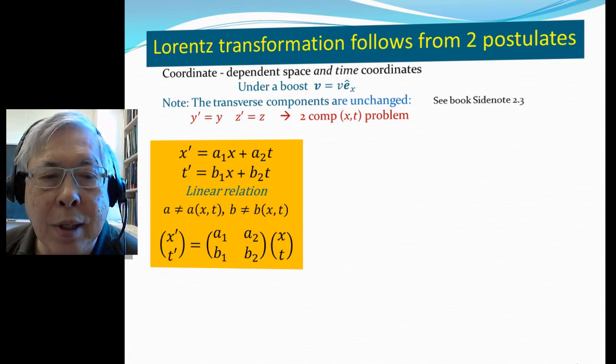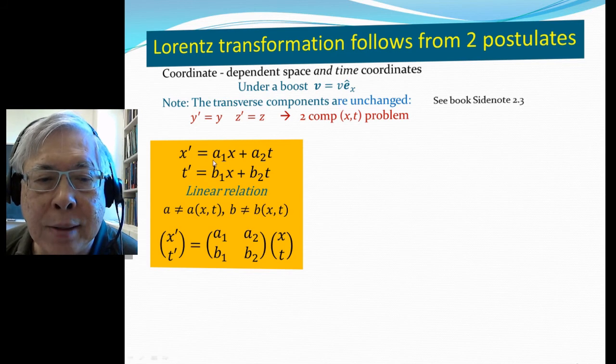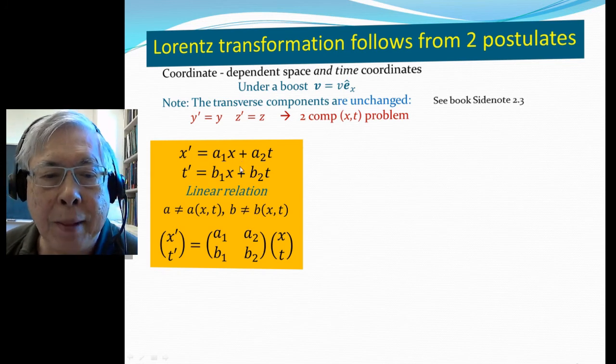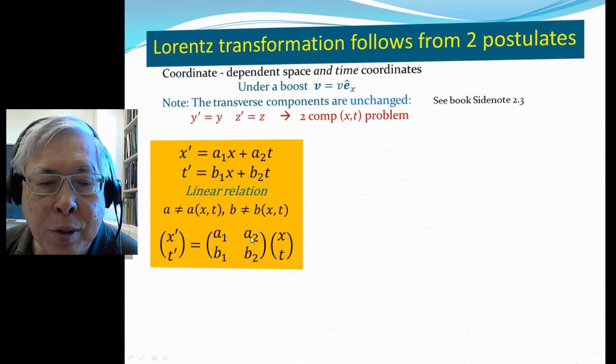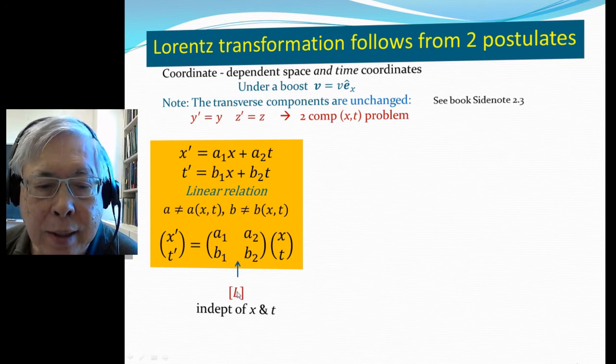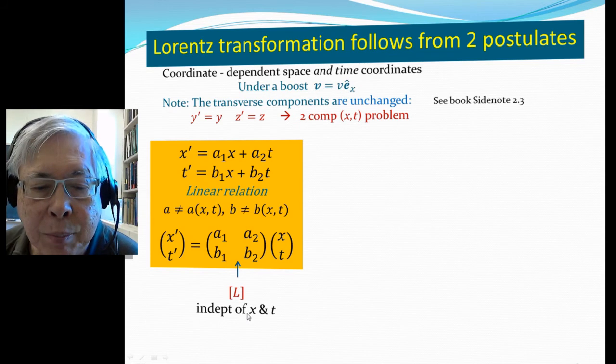The relation between x, t and x prime, t prime does not depend on where or when they take place. It's just the same. So if we write this in matrix form, x prime, t prime in terms of the x and t vectors, the 2 by 2 matrix elements themselves do not depend on x and t. If we call that matrix the Lorentz transform L, then this L matrix does not depend on x and t.